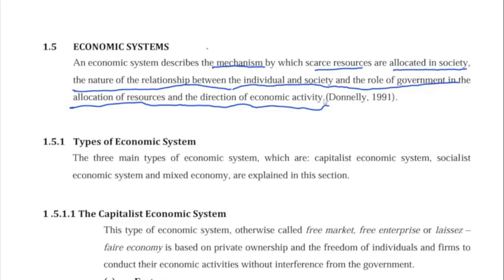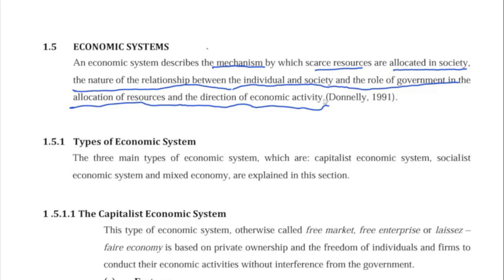Number two, the relationship between the economic agents, which are the individuals, the government, and the firms, in how they allocate resources and how they direct economic activity.